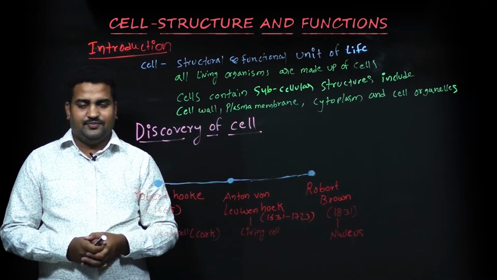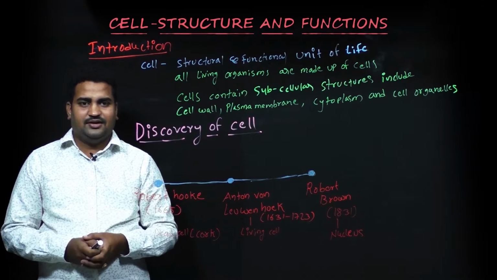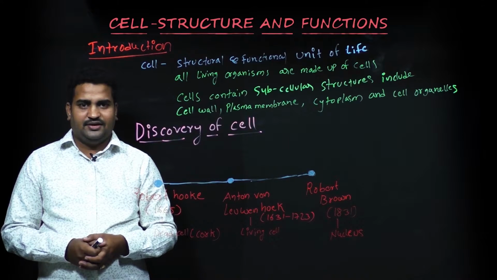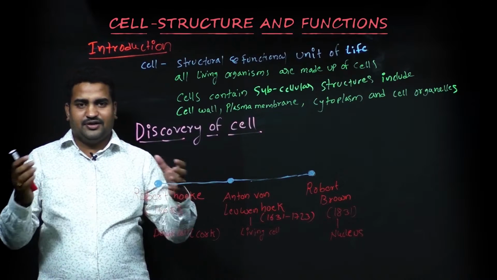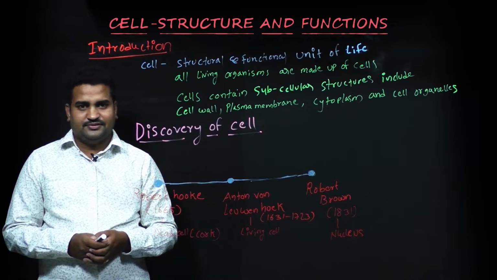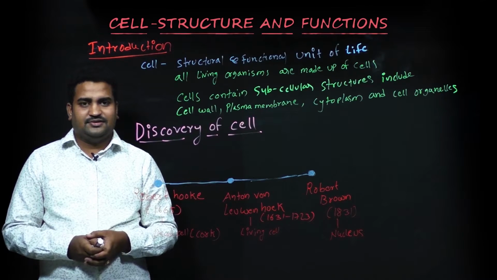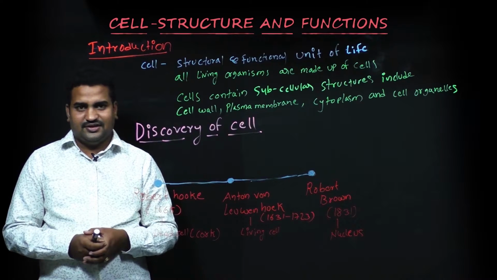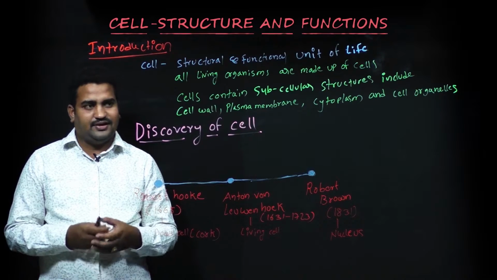So what is cell? Generally cell is regarded as structural and functional unit of the life. Just like the wall is made up of bricks, living organisms are made up of cells. That's why the cell is considered as structural and functional unit of the life.